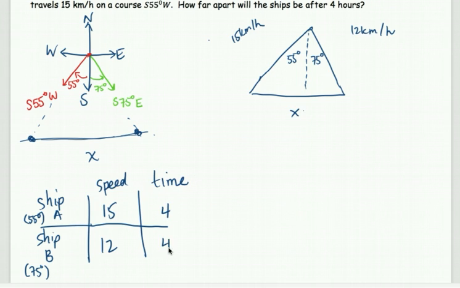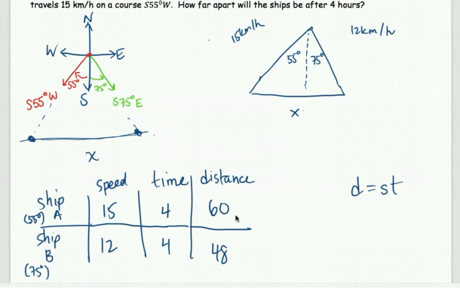So 4 hours. The distance they traveled, this was back from before: distance was always speed times time. That's what we did when we were building our linear equations. If we calculate these out, in 1 hour they can travel 15 kilometers, so they get 60 kilometers from the initial port.